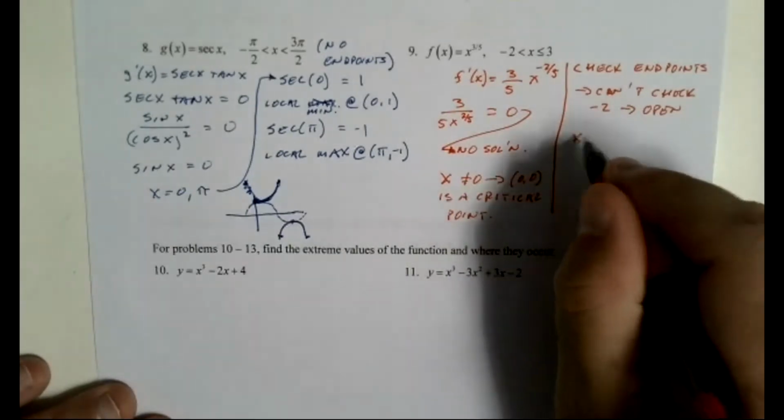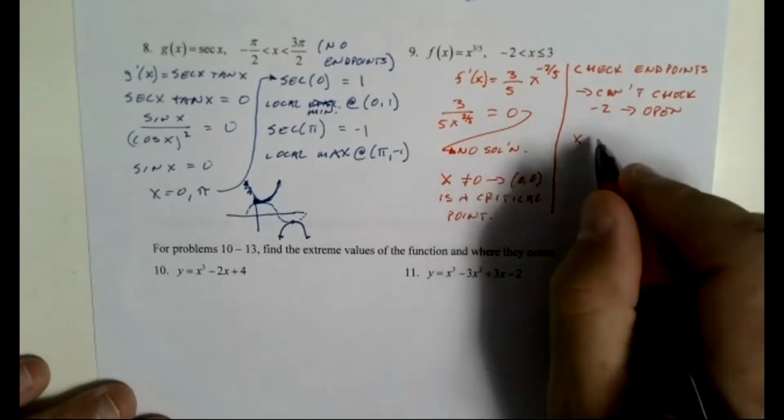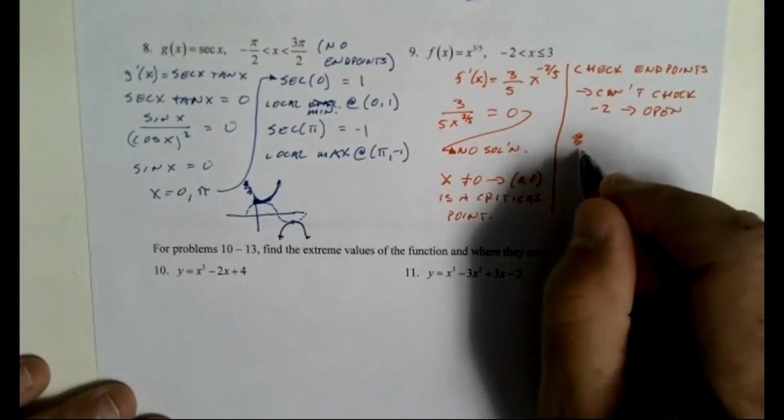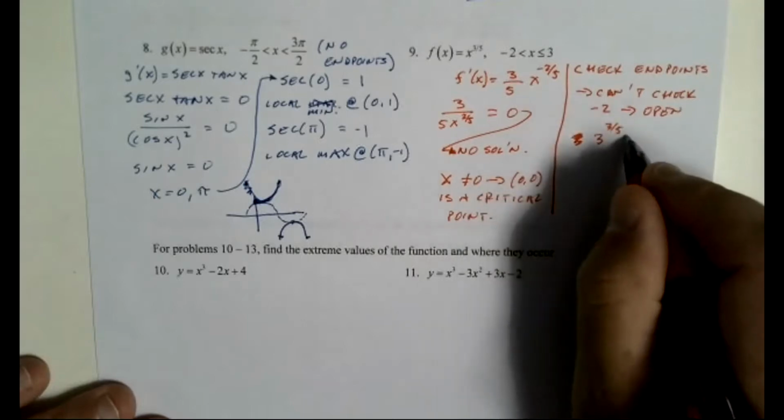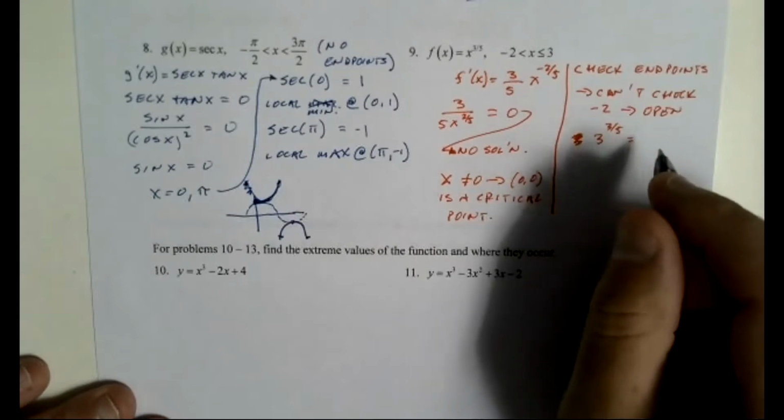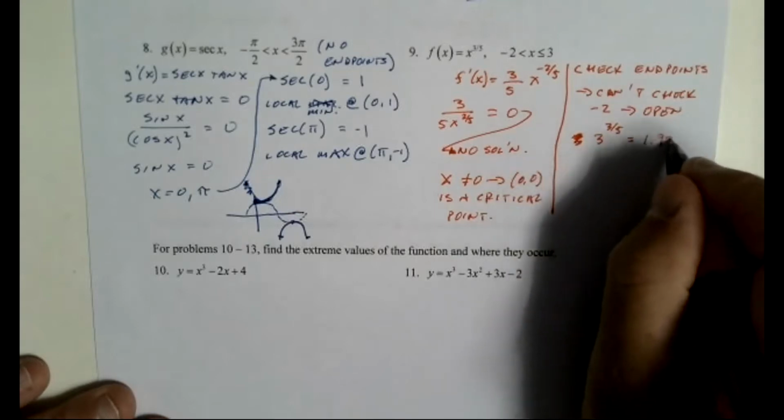So 3 to the 3/5 equals something like 1.933.